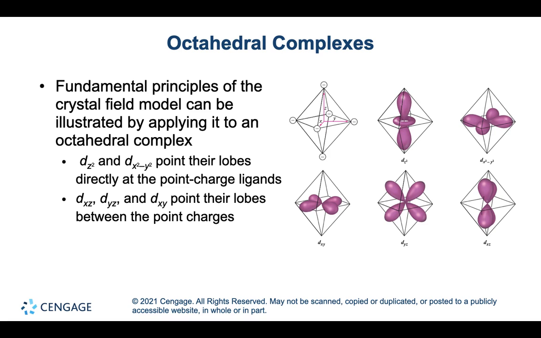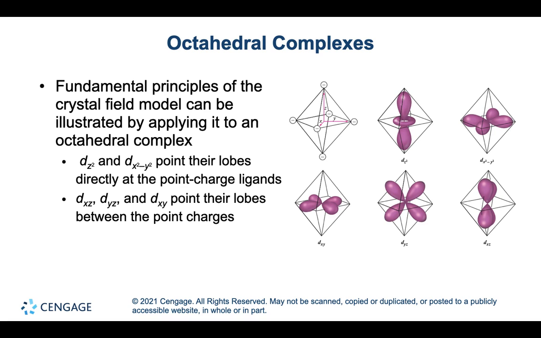So the principle would be, since these are the geometries for dxy, dyz, dxz, and dx squared minus y squared, particularly for something that is octahedral. Octahedral would be interacting directly with the dz squared and the dx squared minus y squared.